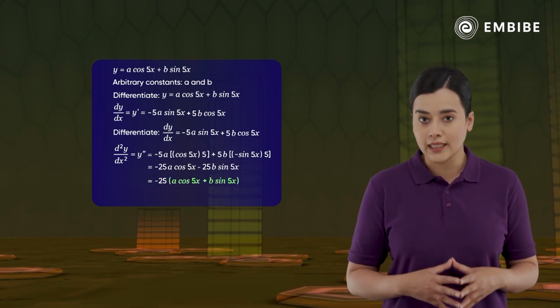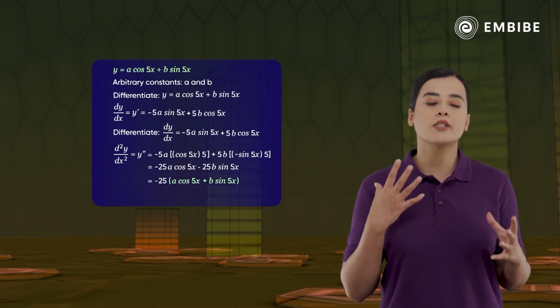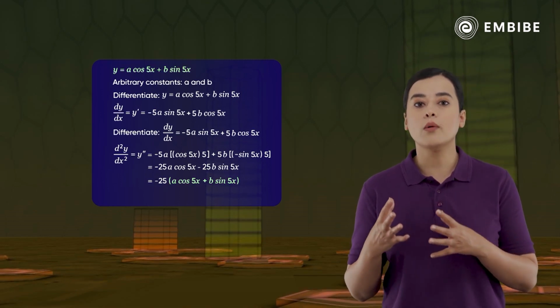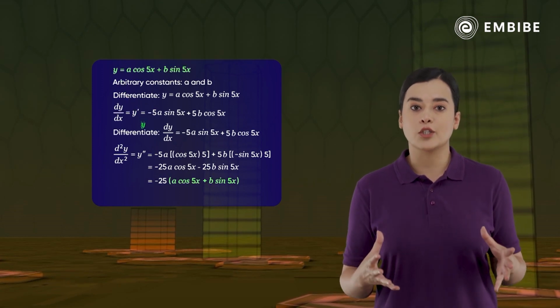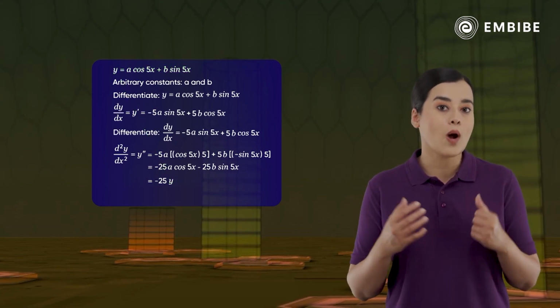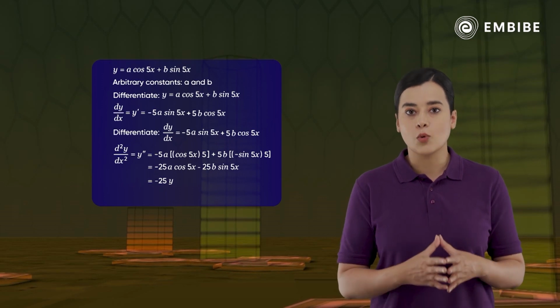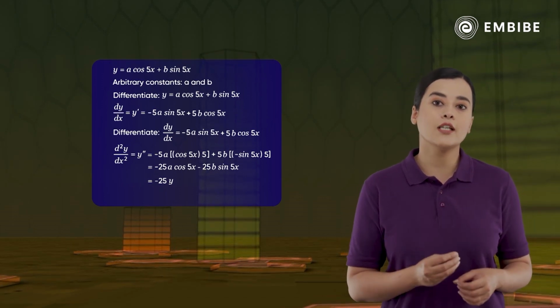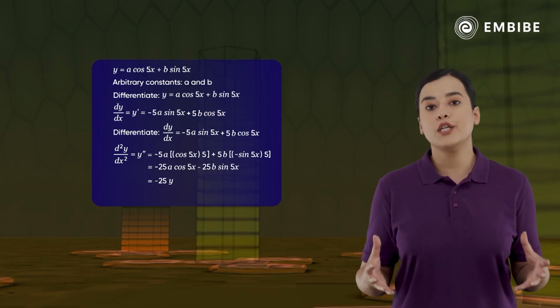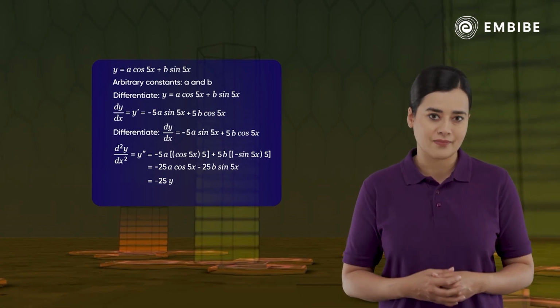Looking at the expression within the brackets, we can see that it is precisely equal to y from the equation that we started with. That is, the whole expression becomes minus 25y. Thus, we have a differential equation we got by differentiating the given equation twice, and it is free of arbitrary constants.